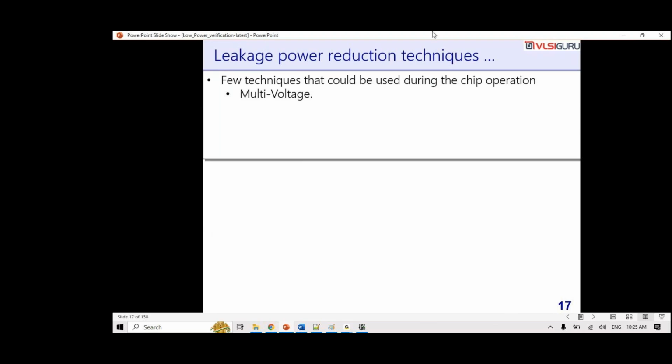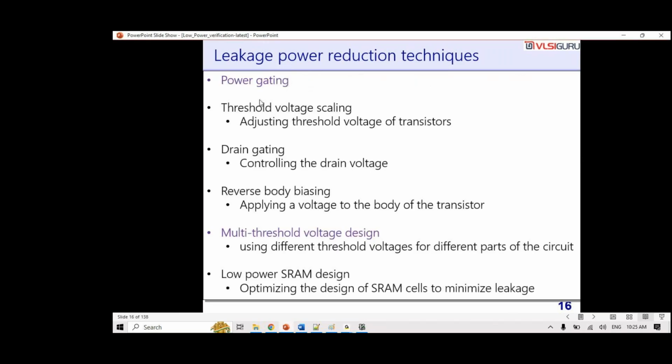Just to summarize, there could be a few more things to control the leakage power, but not everything can be done by the design engineer when developing the SoC. Some of them need to be taken care of at the fabrication level, and some at the transistor modeling itself, the way you are modeling the transistor.